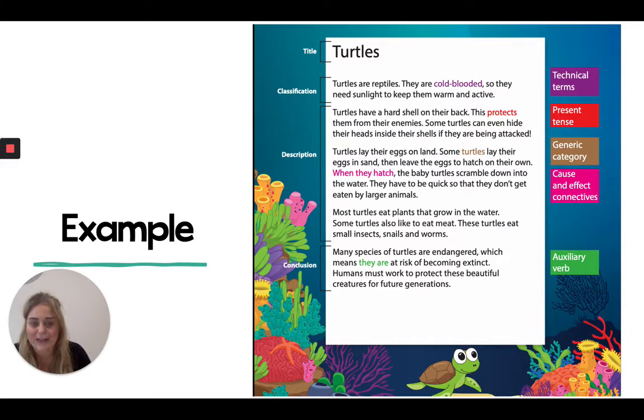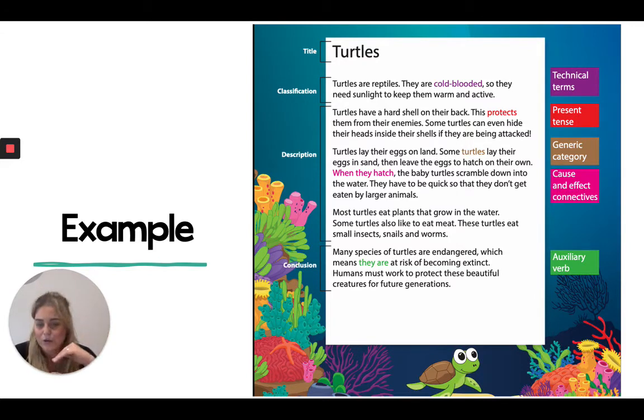Most turtles eat plants that grow in the water. Some turtles also like to eat meat. These turtles eat small insects and snails and worms. So that is our body. That is our burger. And it tells us all our information about our turtles.